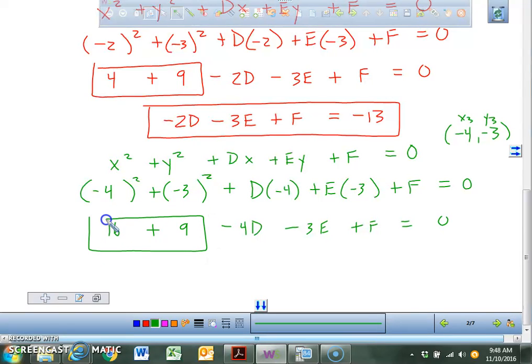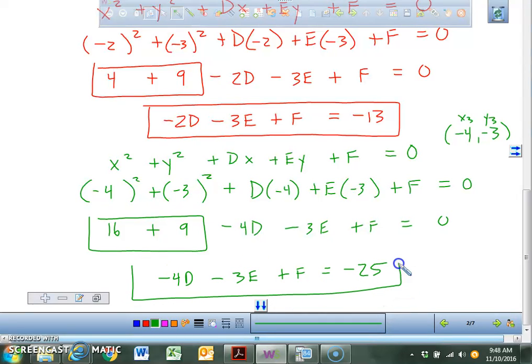This right here becomes a 25, but if we take this and move it over here to the other side of the equal sign, that's going to become a -25. Here is your final equation. So we have a blue, we have a red, we have a green equation.